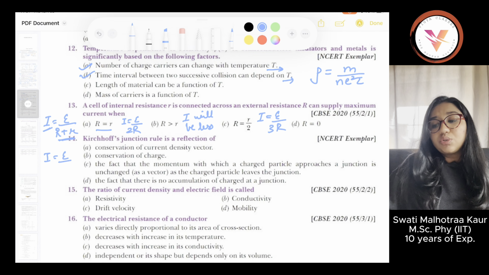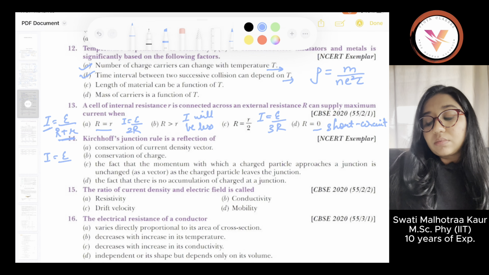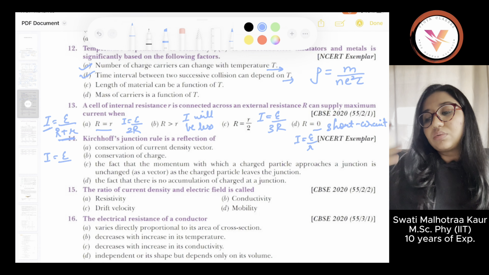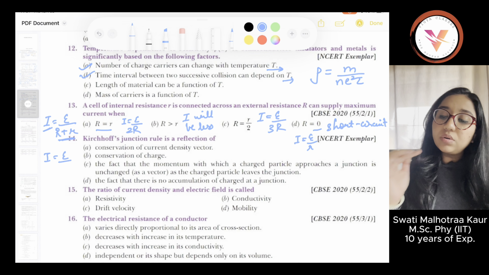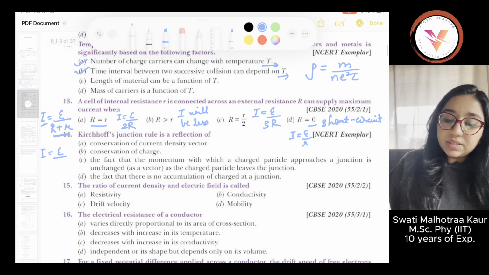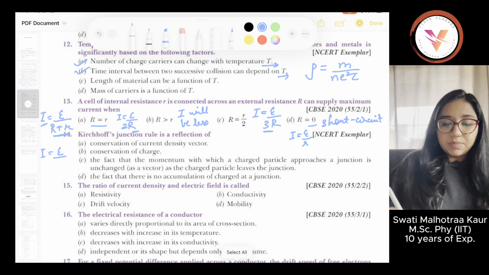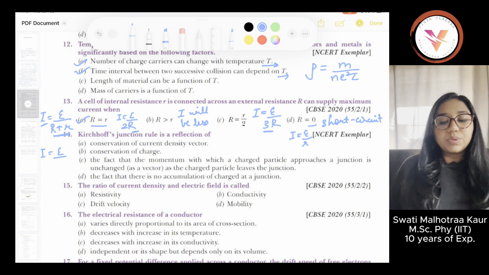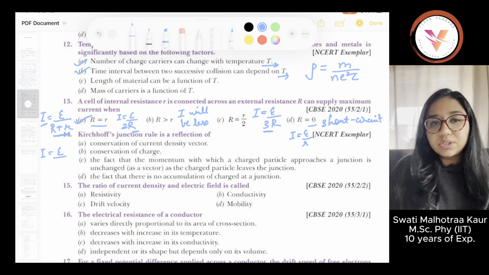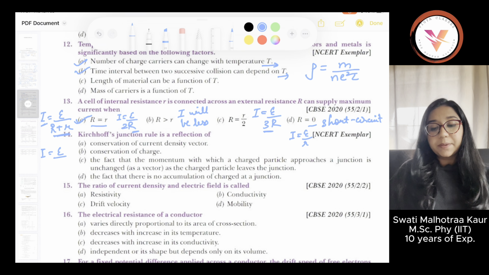And if R is 0, this is the condition of short circuit, and I would be E by small r, but R equal to 0 gives you that short circuit thing. So in the appropriate thing from this and this, I think 2r is less than the maximum. So external resistance should be equal to internal resistance.